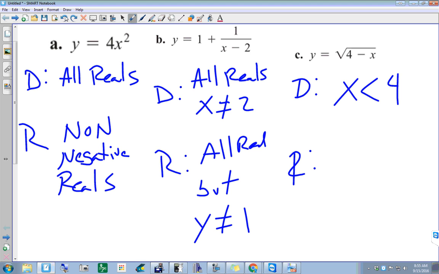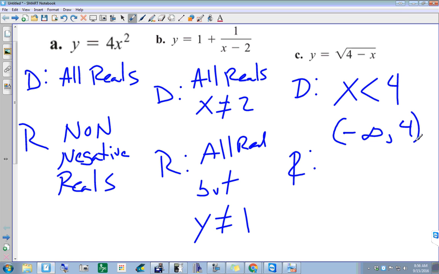Oops, sorry. Negative infinity, comma, 4. Is that better? Okay. When you see things like that, you gotta say something. Pay attention, follow along.